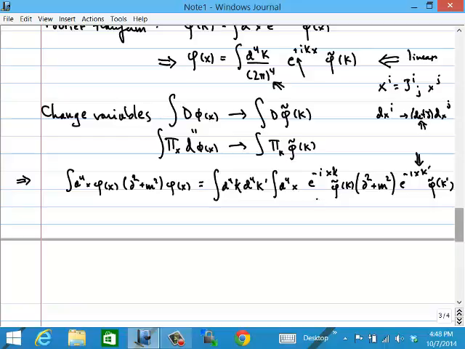Then you're left with an e to the ikx times an e to the ik'x, which is a delta function that sets k equal to minus k prime when you integrate over x. You can then use that delta function to do the k prime integral. And so you're just left with an integral d4k of phi of k times (minus k squared plus m squared) times phi of minus k.